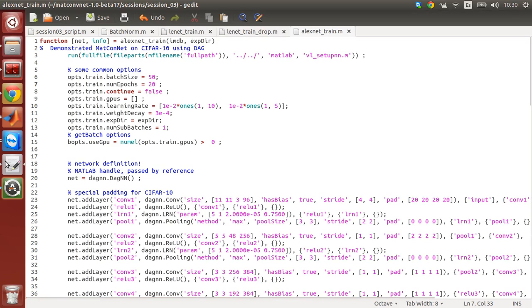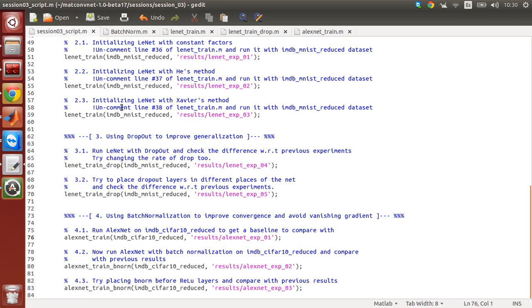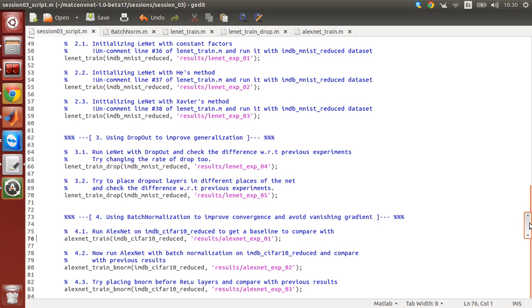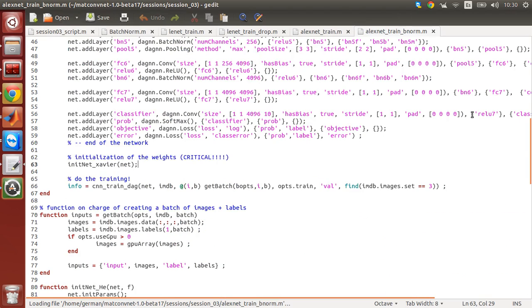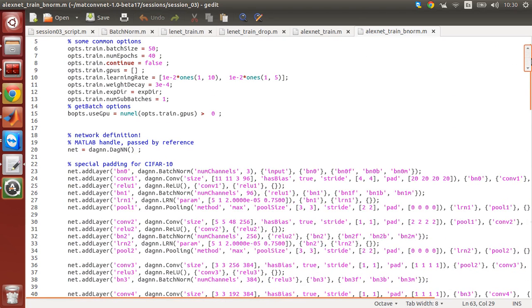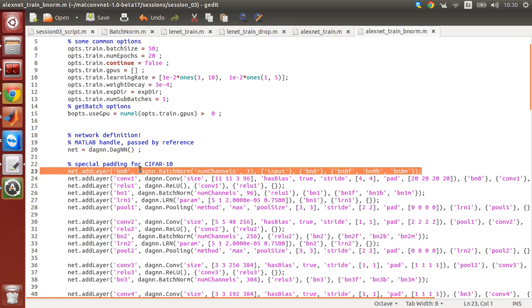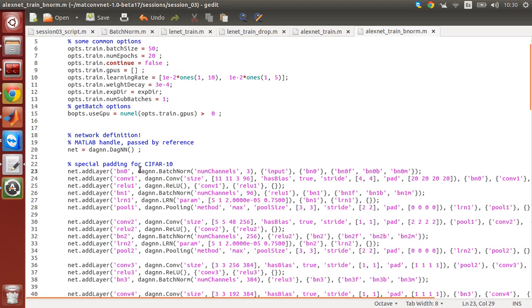So following with the script of the session, we are now going to see AlexNet train bnorm, which is a version of AlexNet in which we have included several batch normalization layers. In batch normalization, we only have to indicate the number of feature maps.